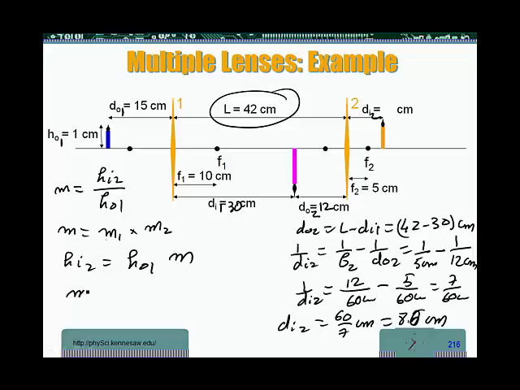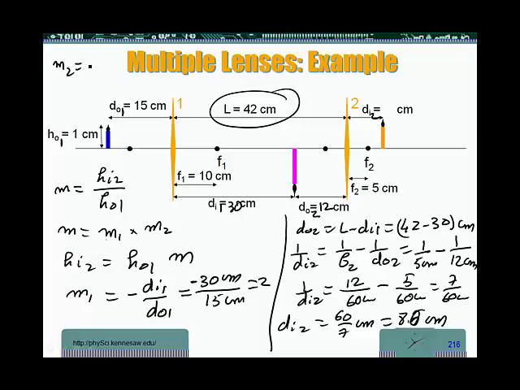To find M, M1 is minus DI1 over DO1. In this case, that's going to be 30 centimeters with a minus sign over 15 centimeters, so it is equal to minus 2. Similarly, I calculate M2.